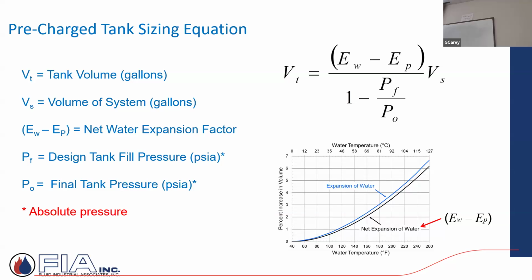When I turn my heating plant on and the tank is sized properly, the pressure you can watch on the gauge is rising, but it never got to the relief valve setting. So it stayed closed. Then when the system shut off, the water cooled down, the burners turned off, and the water contracted. The pressure dropped, and we're back down to our fill pressure. And so somewhere in between.